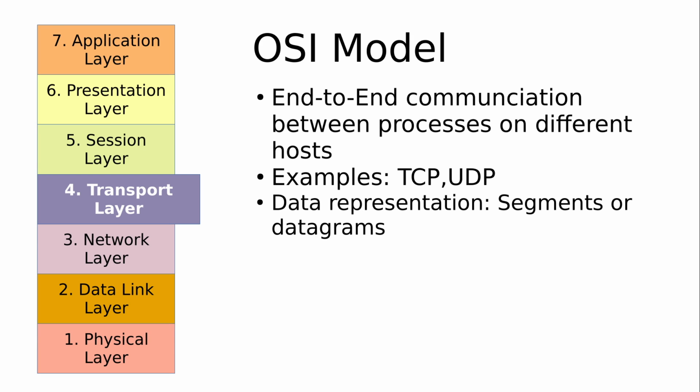Examples here are ports in general or protocols like TCP and UDP. So with TCP and UDP you get a kind of server-client architecture, and for TCP there is also a handshake which has to be done to establish the communication. The data representation here are segments or datagrams.